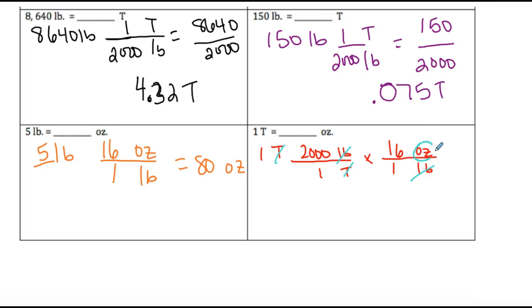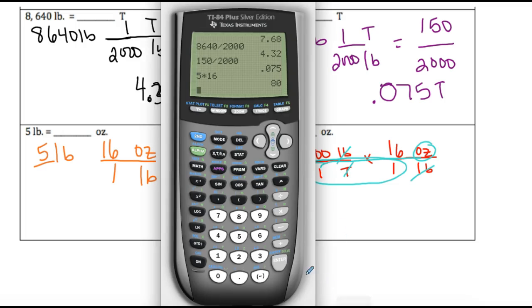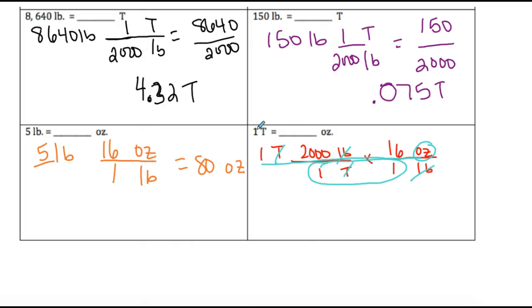And my unit that I'm left with is ounces, which is good. So I multiply straight across the top and the bottom. On the bottom, all we have is 1 times 1, and anything divided by 1 is irrelevant. So 1 times 2,000 is 2,000. Then 2,000 times 16 gives me 32,000. So 1 ton is 32,000 ounces.